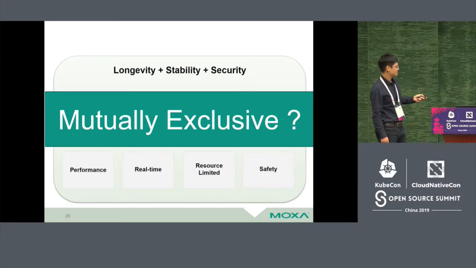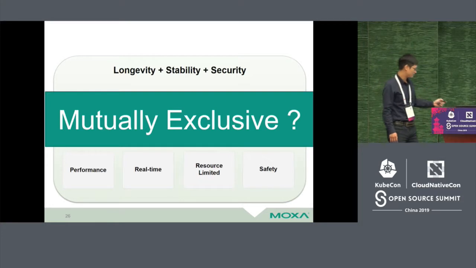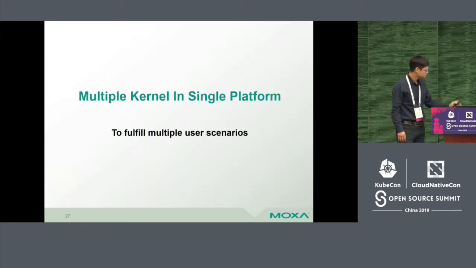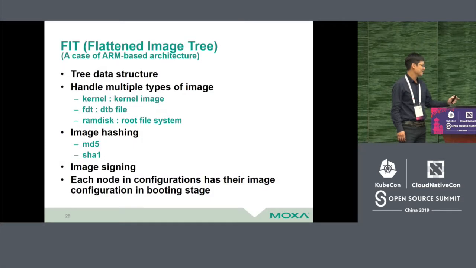Just like I mentioned, there are many applications, such as performance and real-time. Do they mutually exclude each other? Yes, some of them. If you enable real-time, it might decrease your performance. So what if I want to enable a product with different applications to fulfill multiple scenarios?